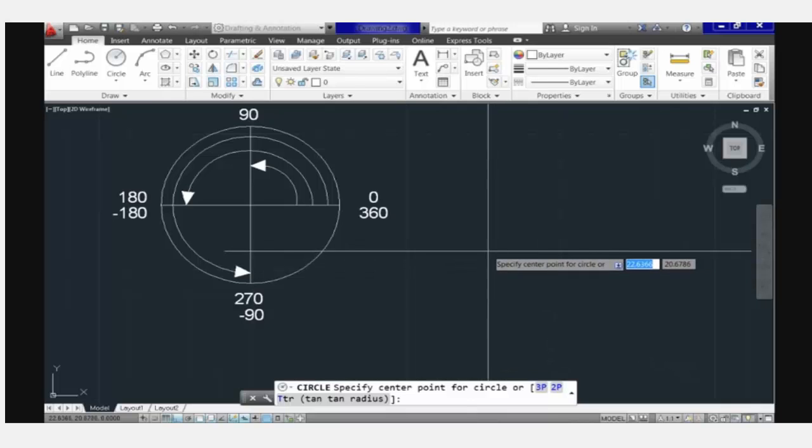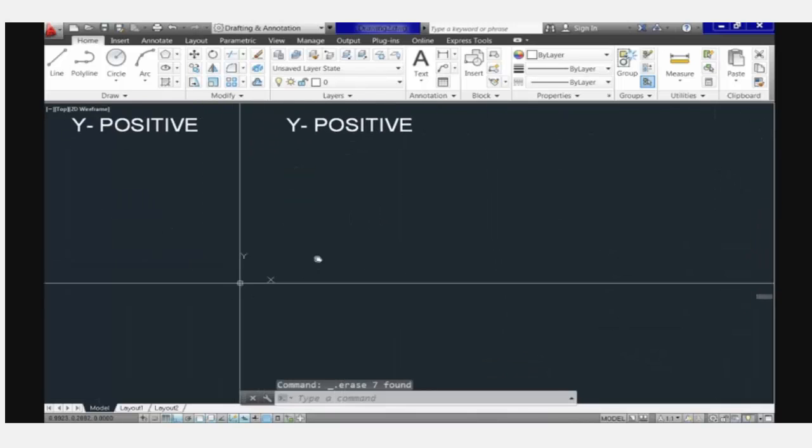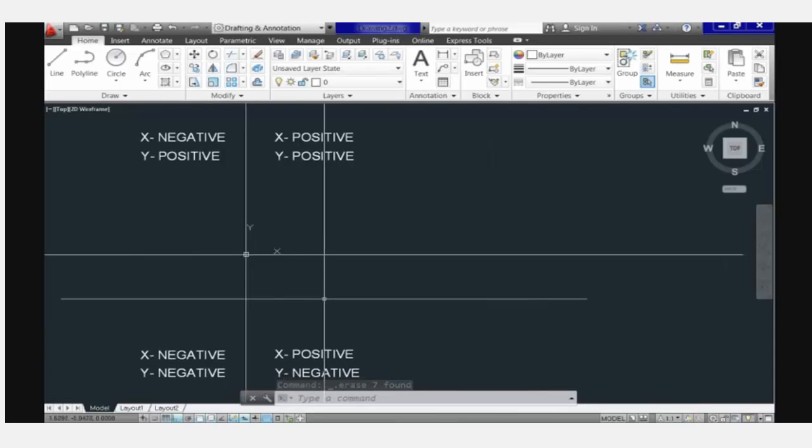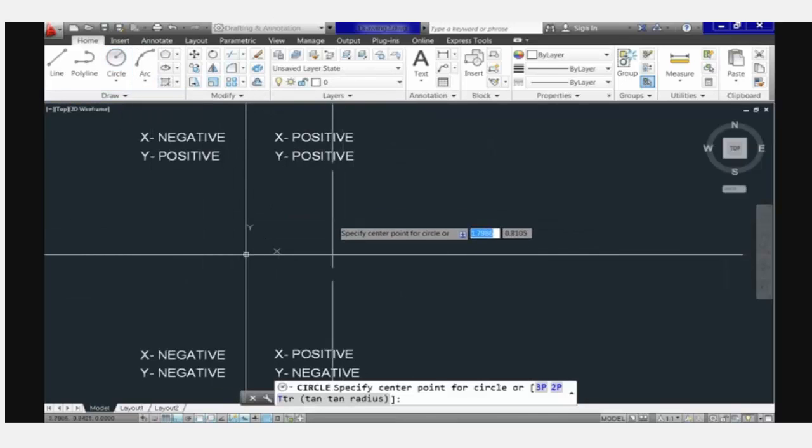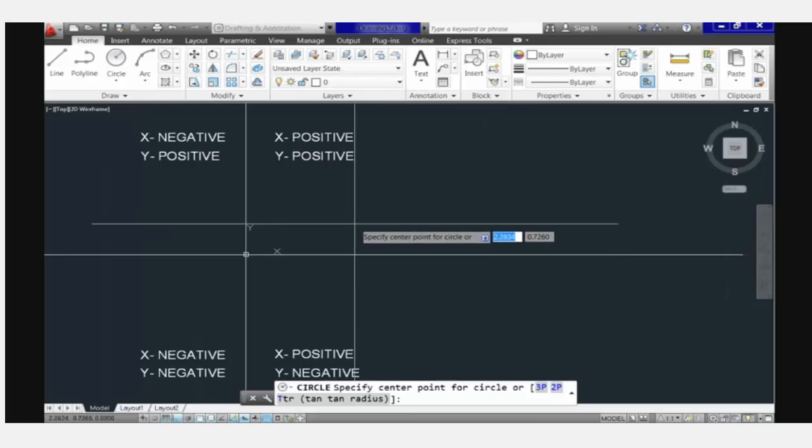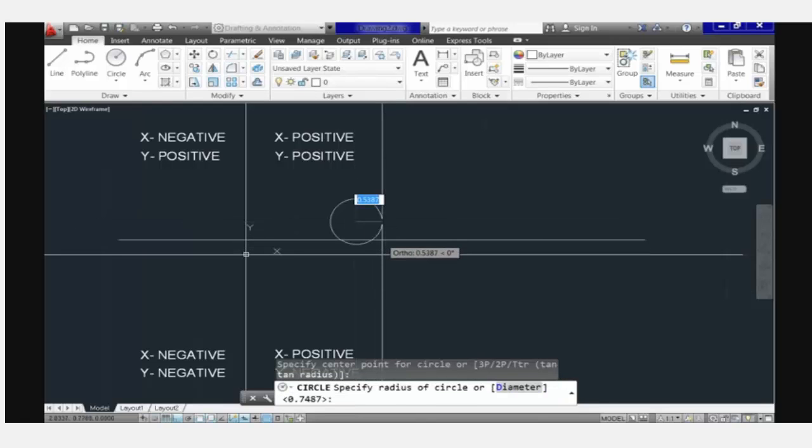Now let's talk about how AutoCAD uses fractional and decimal values when you're entering information or numbers. I want to enter a circle, and the first thing is to specify the radius of the circle, and I'm going to use 1.5. That's my 1.5 circle.